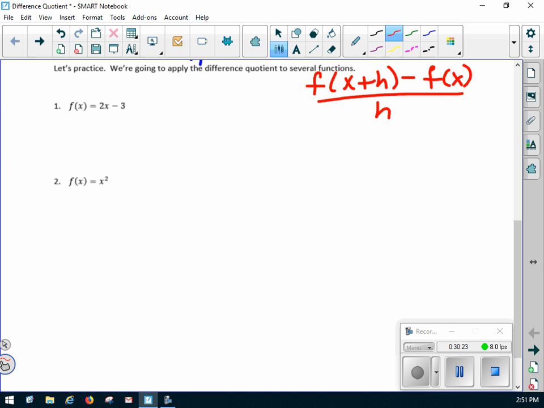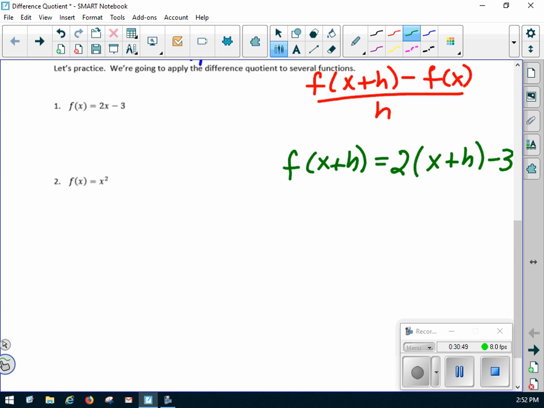So, if f of x is 2x minus 3, what is f of x plus h? Do you buy that? Everywhere here that I saw an x, what did I put in its place?